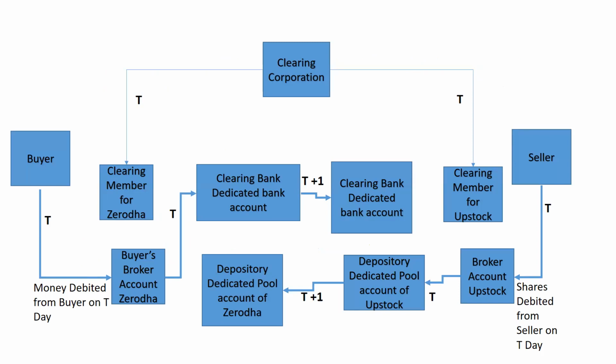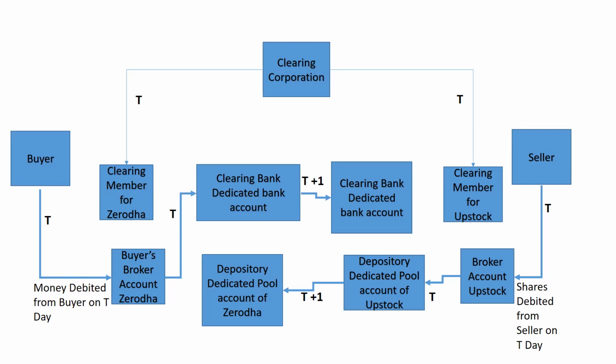Money gets debited from your account by, say, Zerodha, and on the same trading day it goes to the clearing bank dedicated bank account. The buyer's Zerodha will have a clearing member, and this clearing member will have a clearing bank. So on T day, that amount gets transferred to your dedicated bank account.